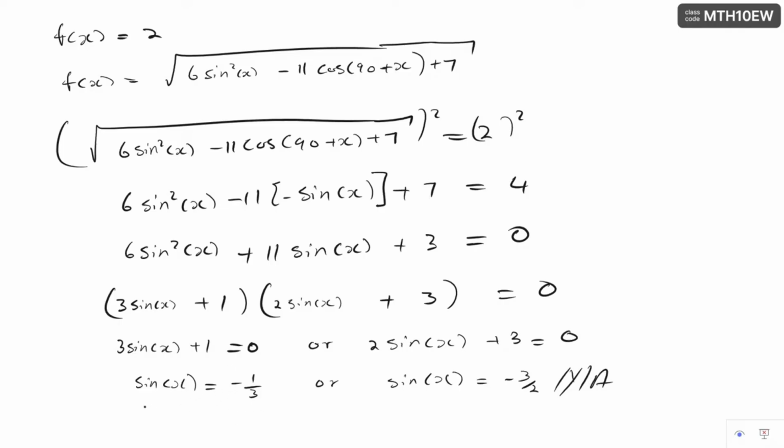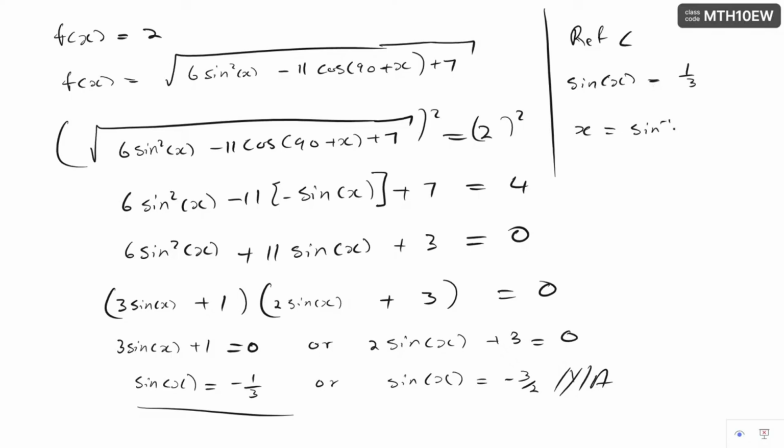So since this one is negative, we're going to use a reference angle. So we're going to say sine x is equal to positive 1 over 3. So when we say x is equal to sine inverse of 1 over 3, you're going to get what?